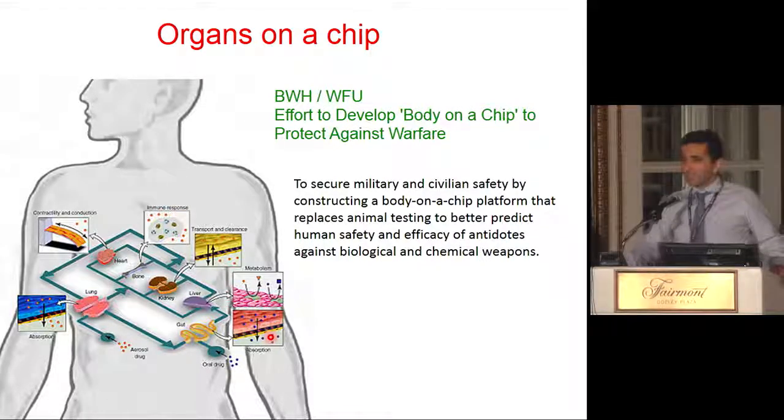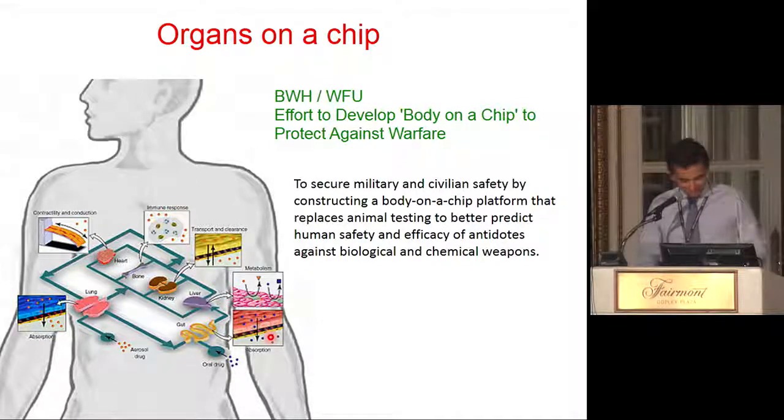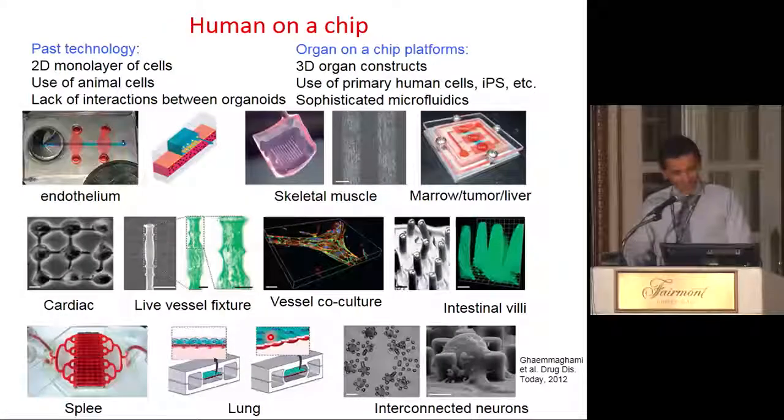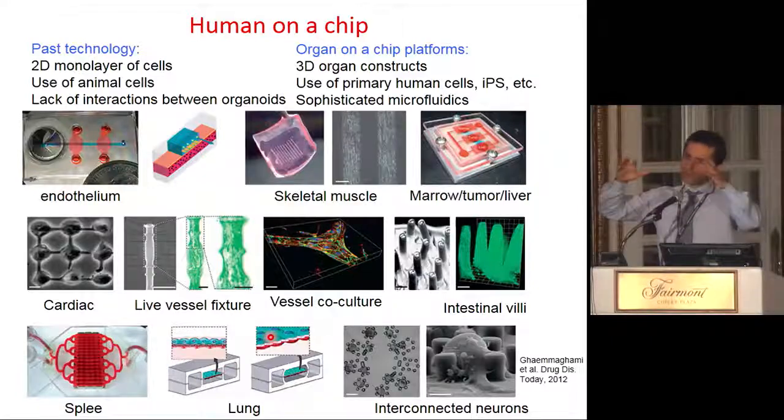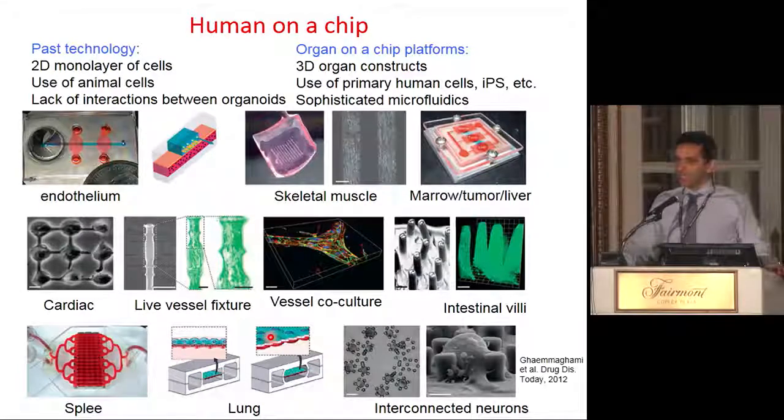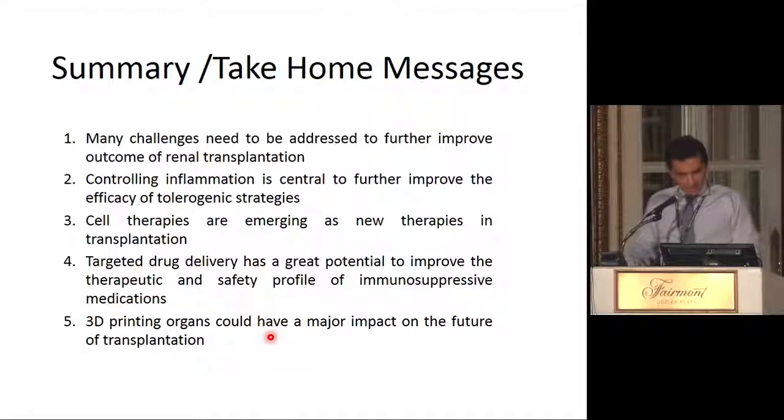Then you don't need me to come here and tell you about complications of immunosuppressive drugs. So these are all the platforms out there that allow you to culture the cells and shape them. With 3D printing, you can tell the printer the dynamic and physical characteristics of the organ, shape the entire organ, and come back and culture those scaffolds with different cells.